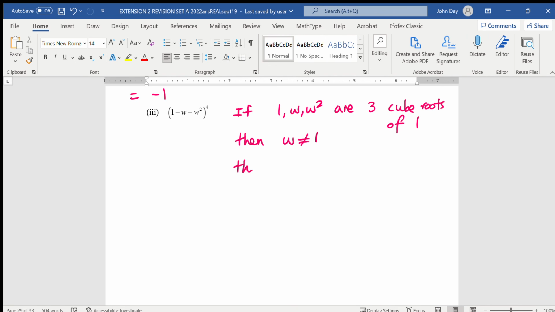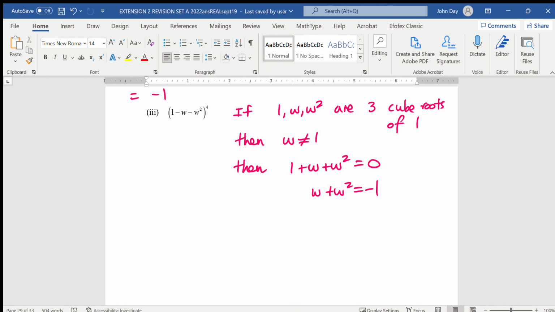And we've explained before why that is the case. It must be the second factor, by the null factor law, that is equal to 0, and it is a solution. So w plus w squared is minus 1. We've got that far before.